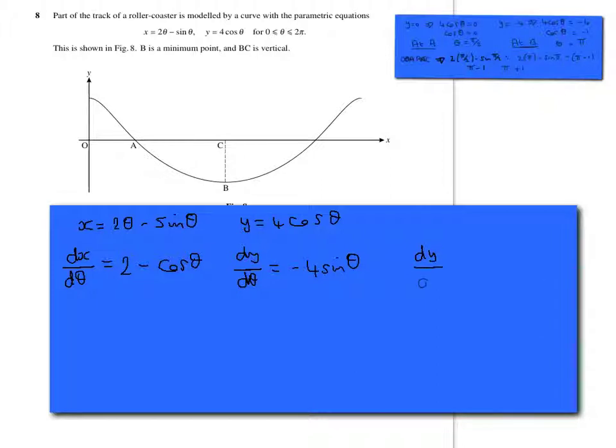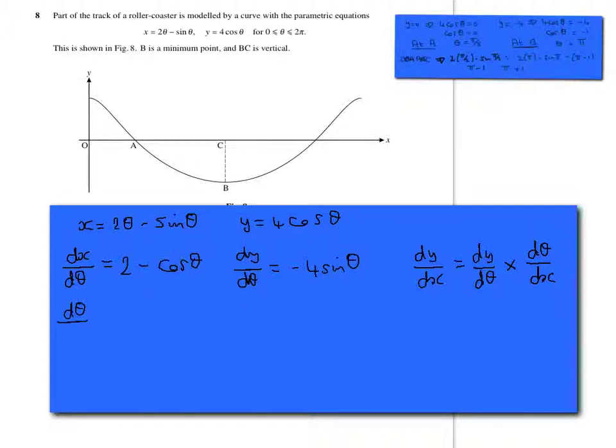We want dy/dx. Well, this is equal to dy/d theta times d theta/dx. We already have dy/d theta, but we have dx/d theta instead of d theta/dx. This is relatively straightforward to simplify.